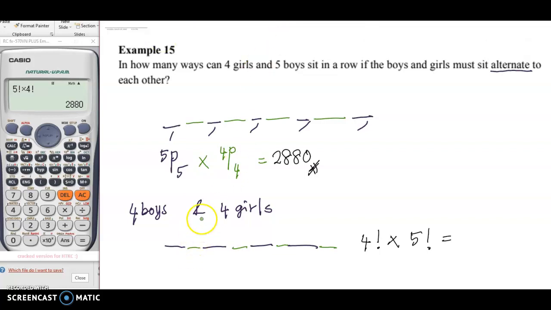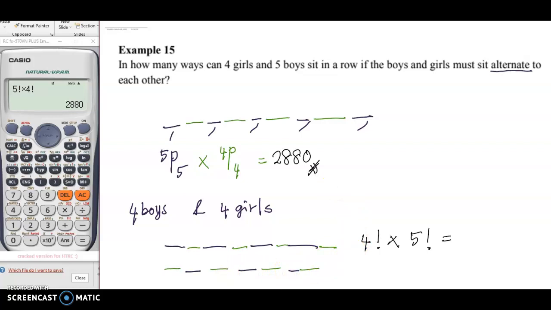Let's say we can put the girls at the front. So we will have 2 choices. Girl, boy, girl, boy, girl, boy.